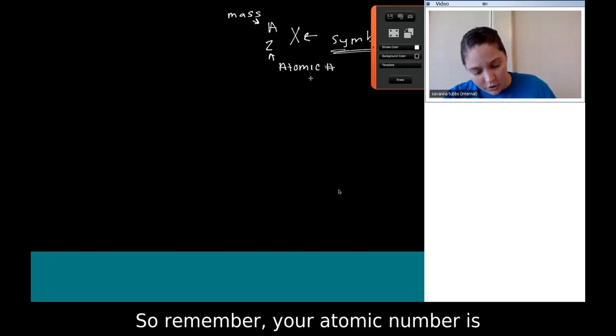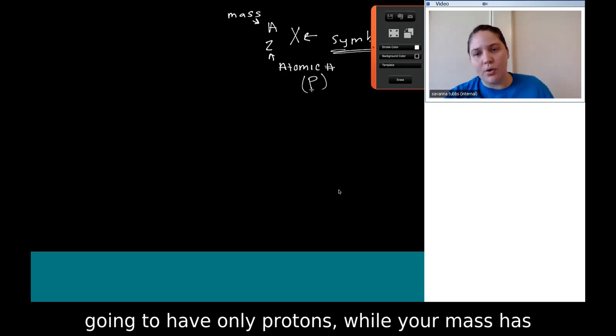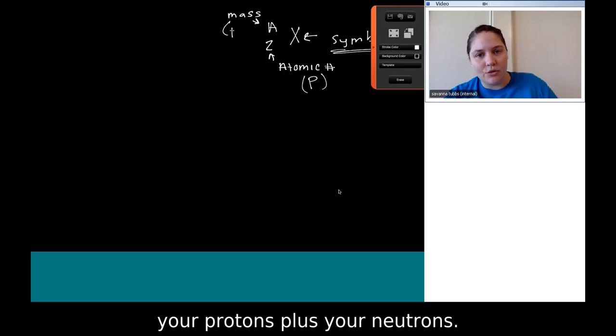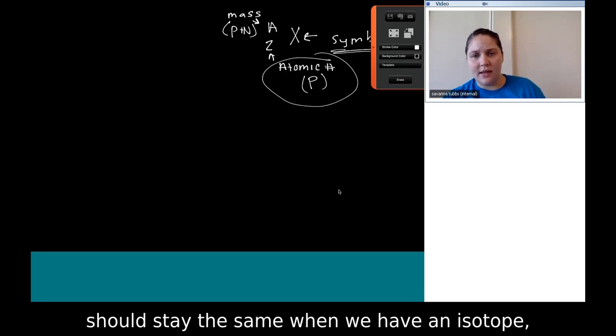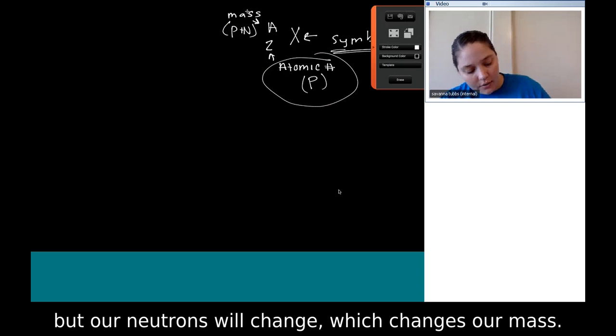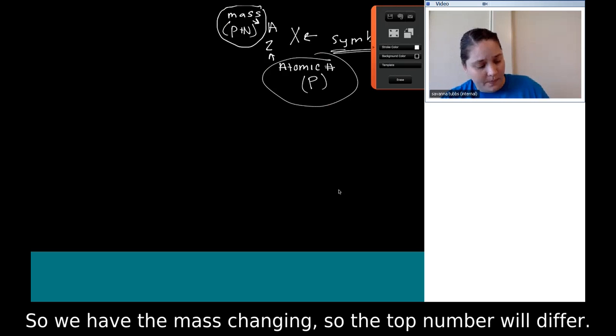So remember, your atomic number is going to have only protons, while your mass has your protons plus your neutrons. So remember, protons are the same, so our bottom number should stay the same when we have an isotope, but our neutrons will change, which changes our mass.